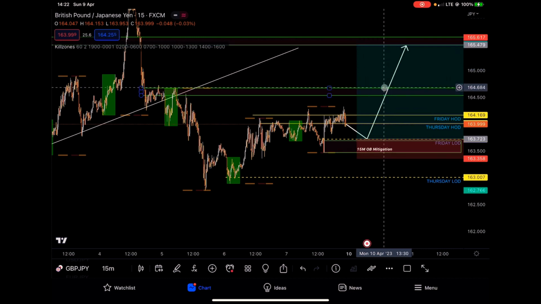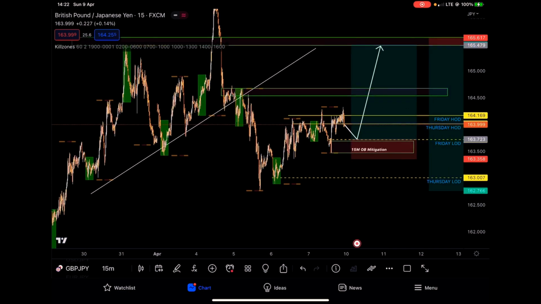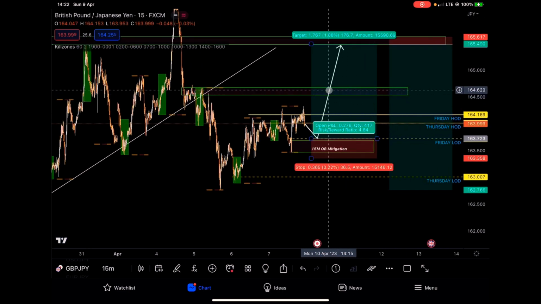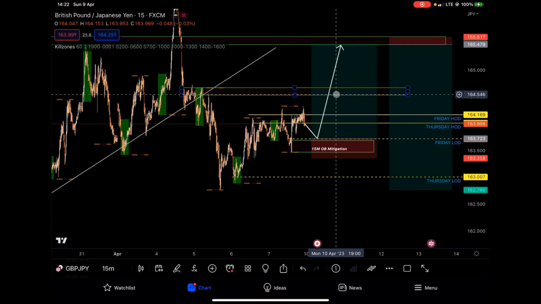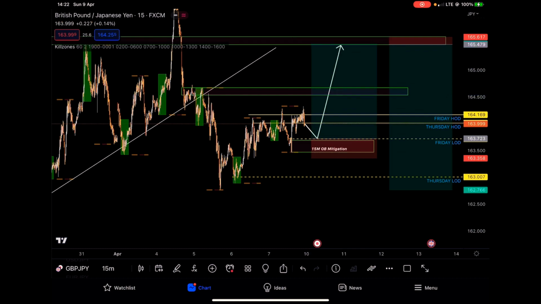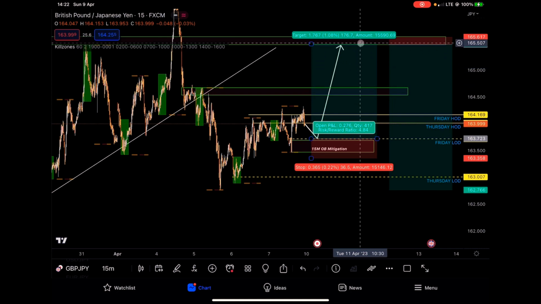If you're going to take the buy, I would strongly advise you watch this level. As price touches this level, you expect a reversal to 164,150. At 164,150, you definitely expect a push back to the upside for a second rejection. At the second rejection is where you'd either close the trade or hold it and wait for it to break above this level for a retest and a continuation to the upside.